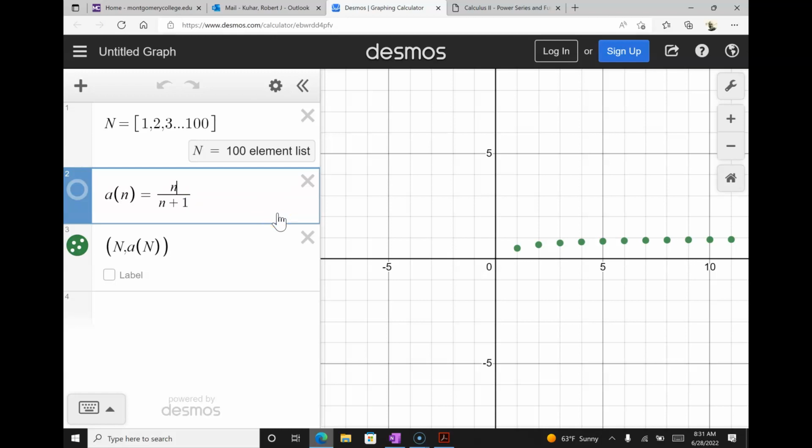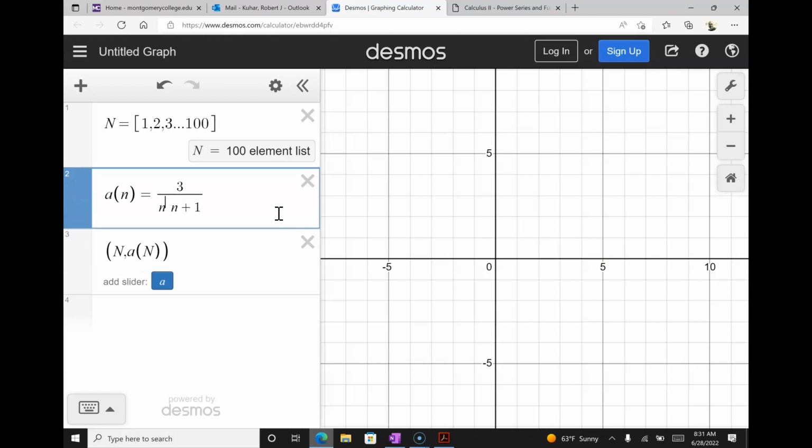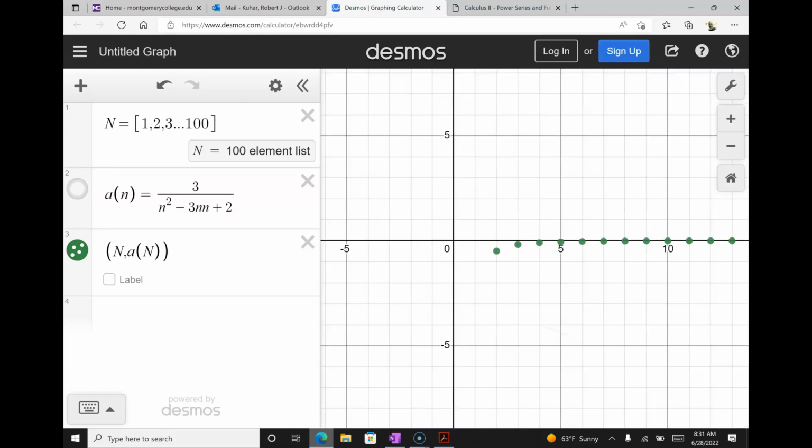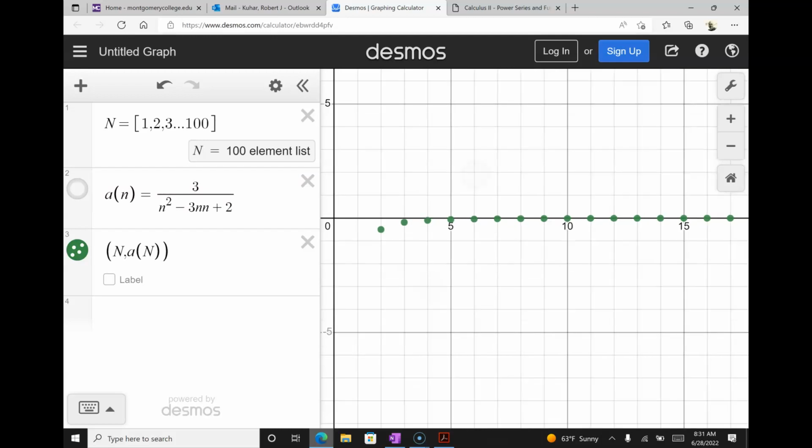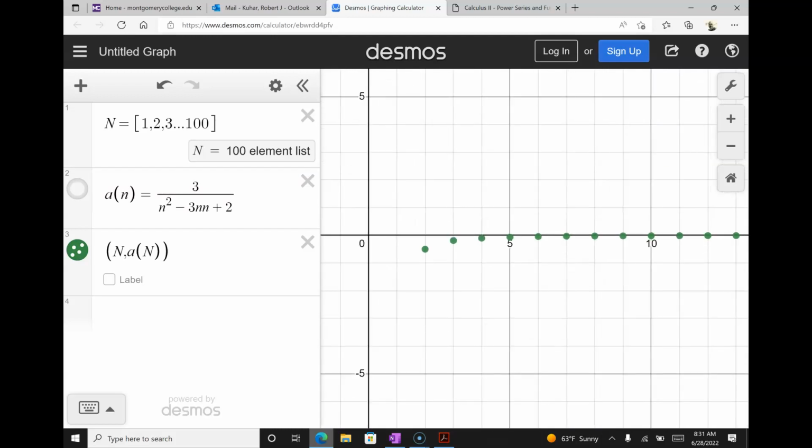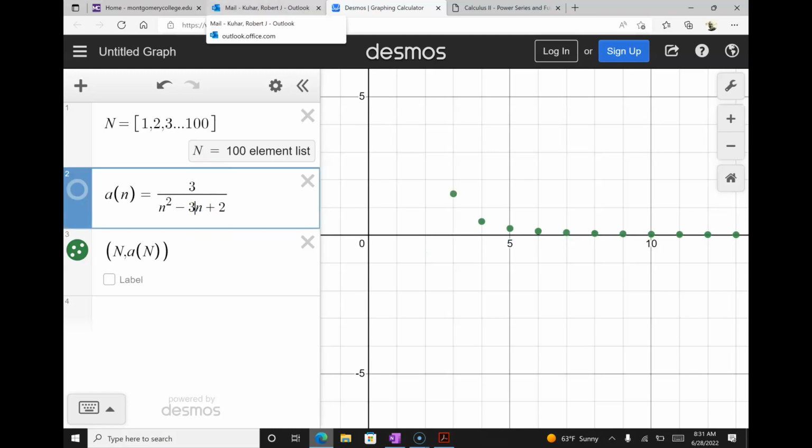I'm changing this to 3 over n squared minus 3n plus 2. And then I need that last piece to plot my points.